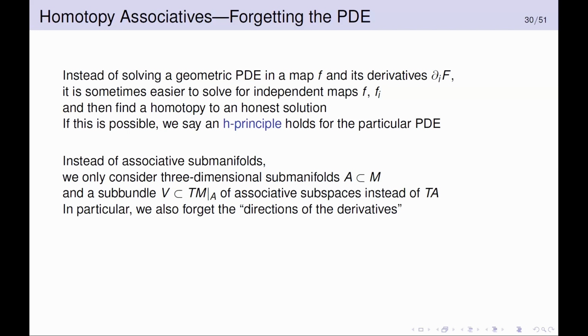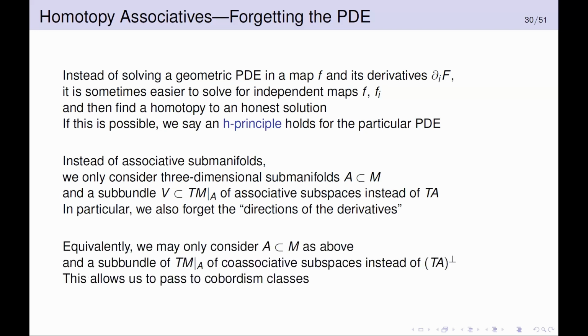And instead of the tangent bundle, let's consider a three-dimensional subbundle of associative subspaces along A. We would get this for free if the manifold was associative, but if it's not, let's just pretend we find it. And that means we have now this almost associative. And this means we have forgotten the direction of the derivatives.